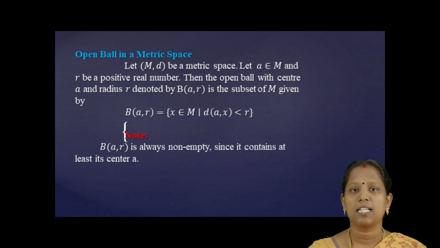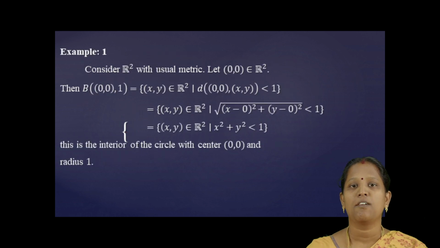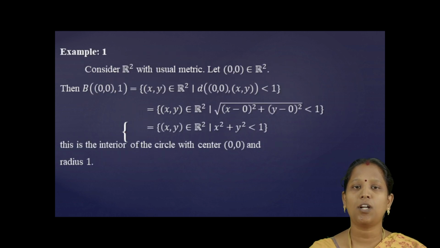Next we see some examples of open balls in various metrics. First consider R2 with the usual metric. Then the open ball with the center as origin and radius 1 is the set of all points (x, y) in R2 whose distance from the origin is less than 1.